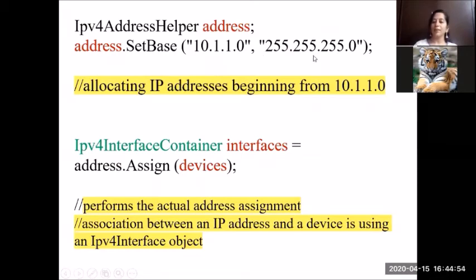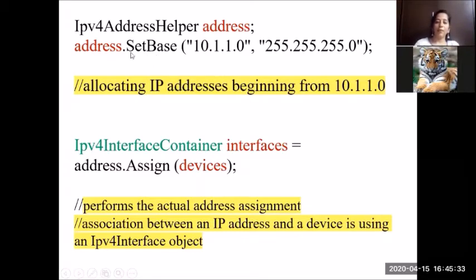And this is the mask. I told you don't worry much, but if you notice in the mask, the first 3 bytes are 255, which means the first 3 bytes here will be retained as it is without any change for all the interfaces which we are going to use in that link. In that link, if I have more than one interface, the change will be only in the last byte of the address, because there we have given a 0 value here. Okay. So this is how we are going to assign the addresses.